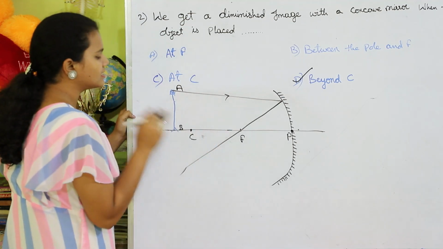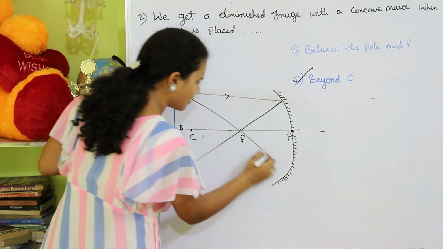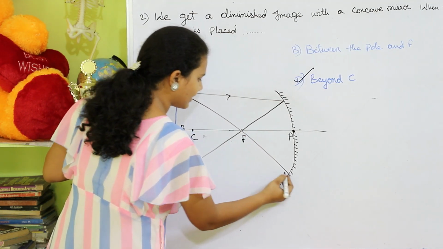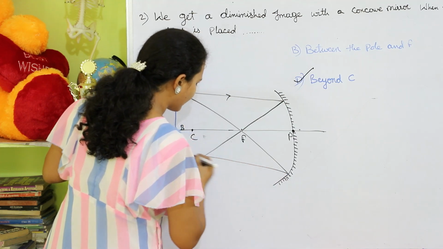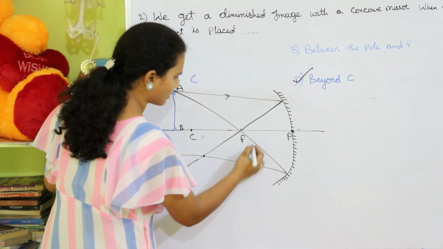Now the second ray passes through the focus and again gets reflected back, and it forms somewhere over here. Clear?